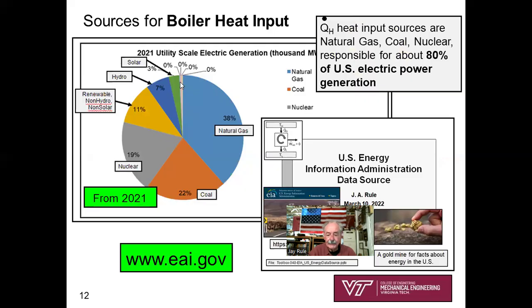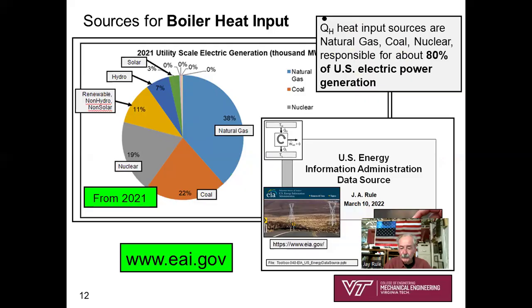When I came back to teach in 2021, 2022, I had a lot of interest in what kind of fuels we have nowadays. And I discovered this website run by the US government called the Energy Information Administration, EIA.gov, and it is a gold mine of data. Okay, and so it is the facts.